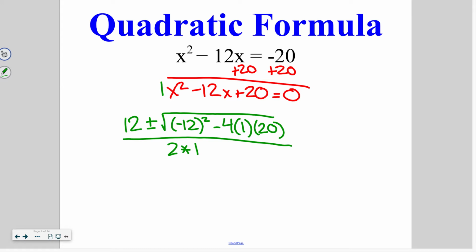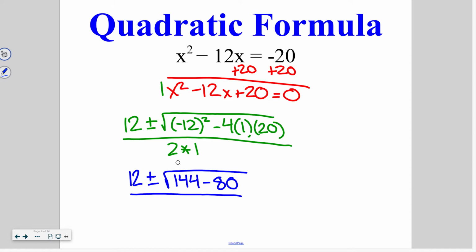There's a lot going on in this equation, so it's very difficult to plug into a calculator at this point. So what you're going to want to do is a few simplification steps. So we've got 12 plus or minus, simplifying the squared part, negative 12 squared is 144. And then I've got 4 times 1 times 20, which is 80, so we're going to subtract 80.